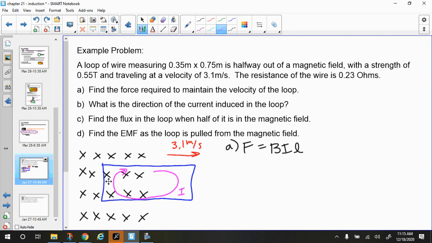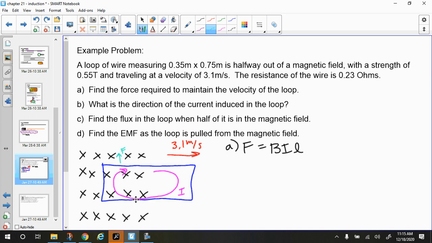So what we are thinking about is the force on this wire right here, because let's use our right-hand rule to figure out the force on each part of the wire that's in the magnetic field. For the top wire, the current is going to the right. The magnetic field is into the page, so the force here is up.